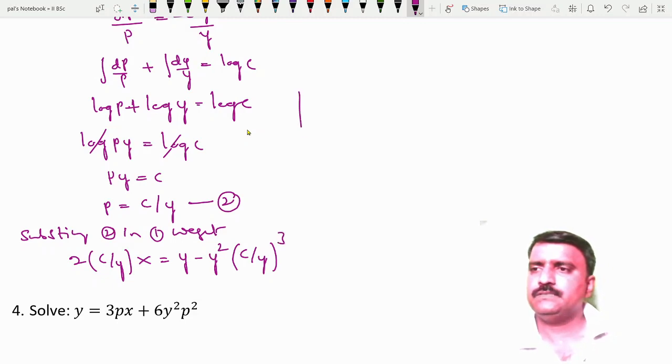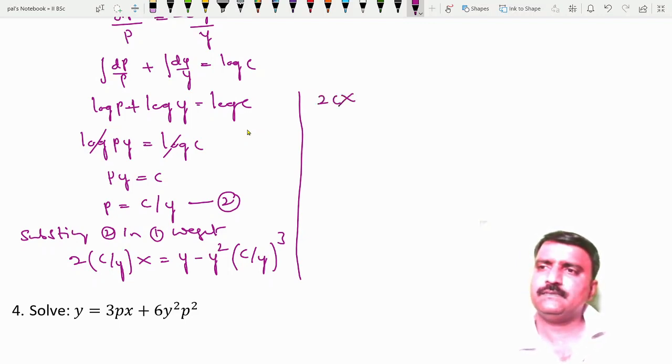Okay, so you just simplify this here itself. So now it is 2cx by y is equal to y minus y square c cube by y cube. One of the y cancels here.